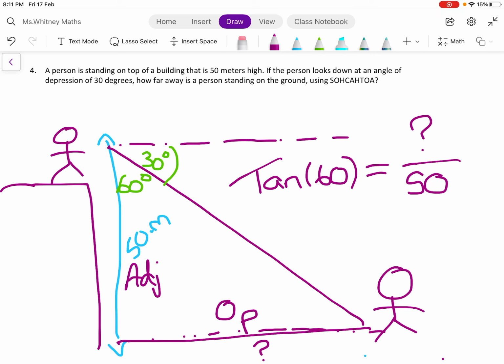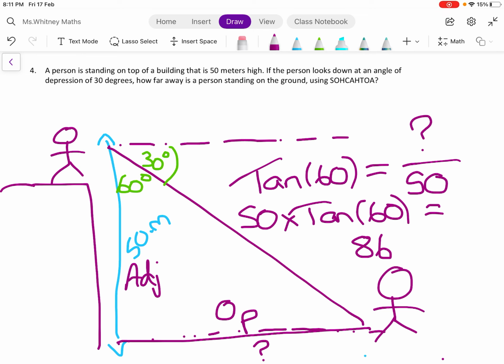So we're going to do 50 times tan 60. That equals the length of the horizontal. That's going to give us 86.6 meters. That's how far away the person is from the bottom of the building.